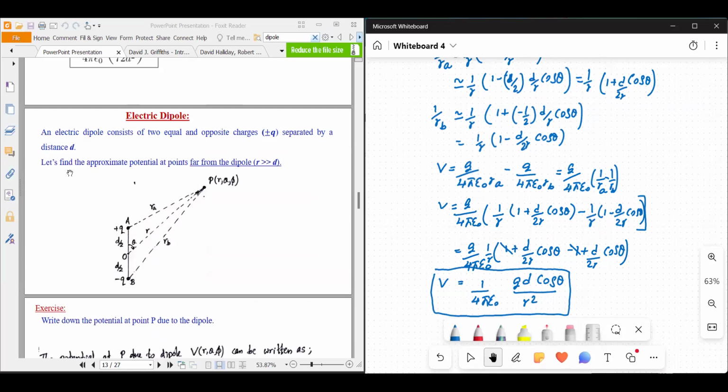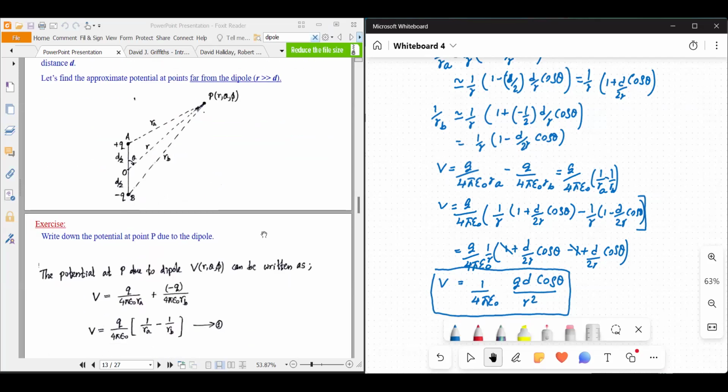What we did is look for an approximate value for the potential at a point that is far from the dipole. So we consider this point P. Its coordinates are r, theta, and psi. The vectors connecting plus Q and the point P is Ra, minus Q and P is Rb, and the center of the dipole O and P is R. Then mainly these two charges, plus Q and minus Q, affect the potential here.